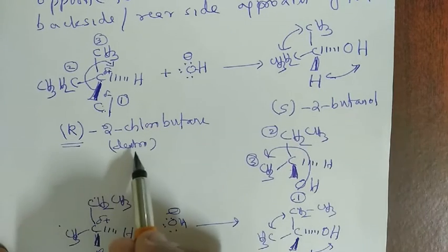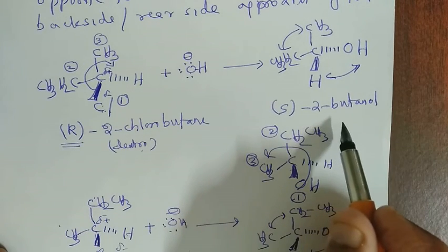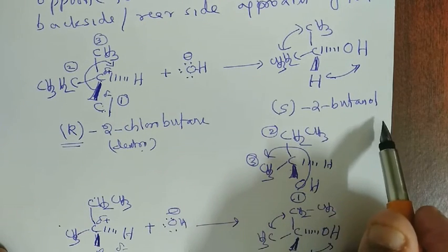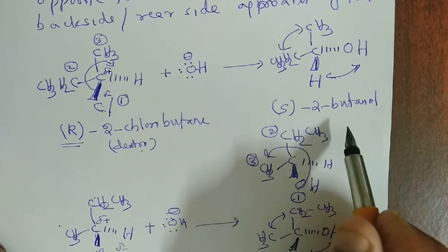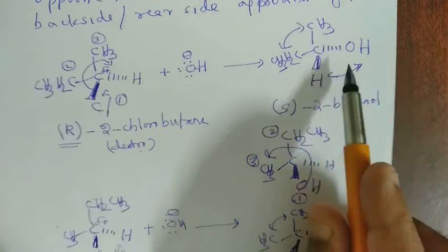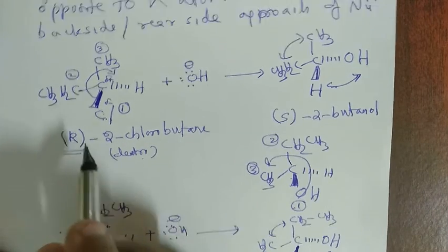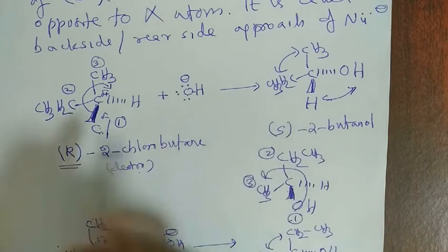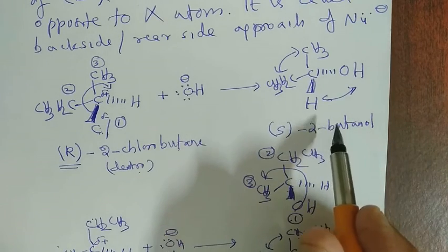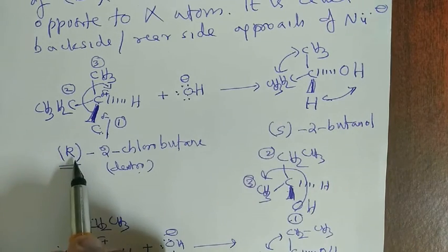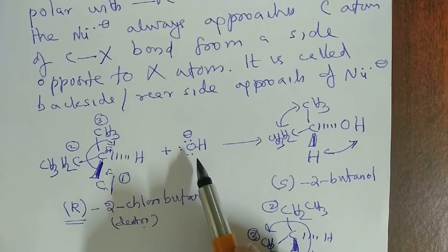We cannot say a dextroisomer gives a levoisomer in all cases, because dextro and levo are independent of the configuration. Only configuration changes during an SN2 reaction. S configuration becomes R, or R configuration becomes S during SN2 reaction.